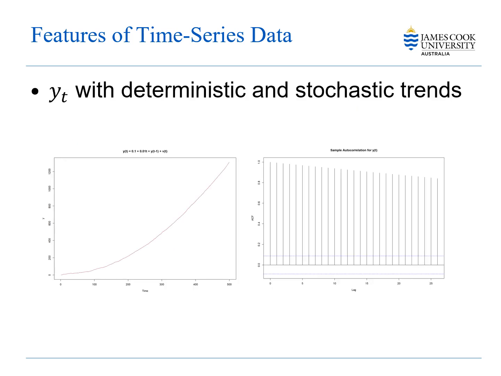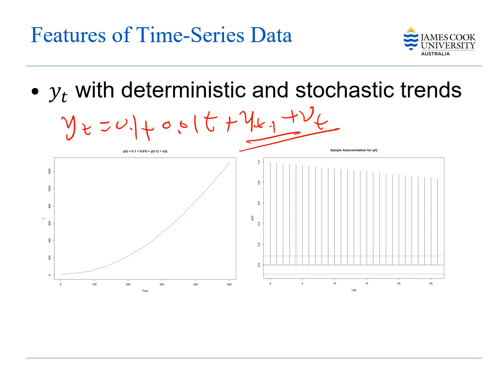Okay, let's look at the last one. This process is yt equal to 0.1 plus 0.01 t plus yt minus 1 plus vt. So it contains a random walk component, which is a stochastic trend, and a deterministic trend.